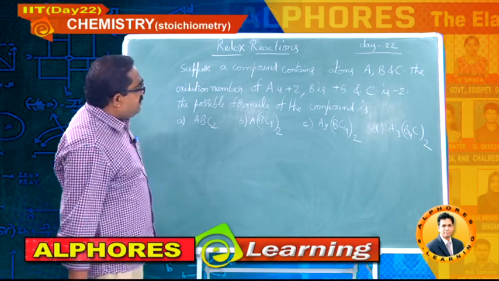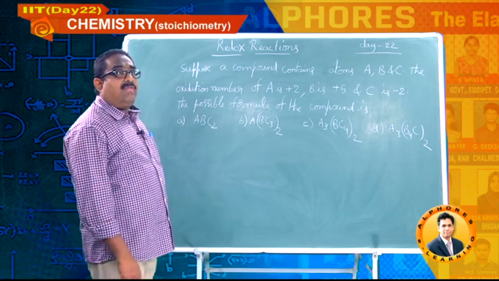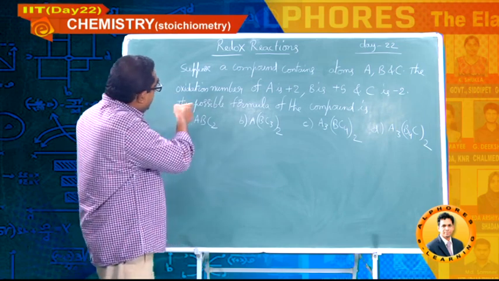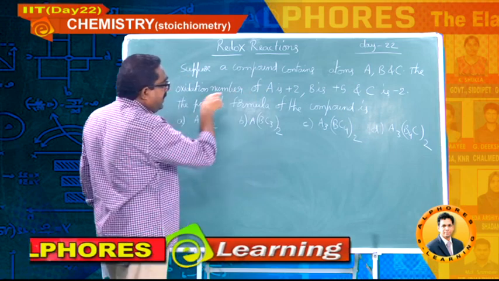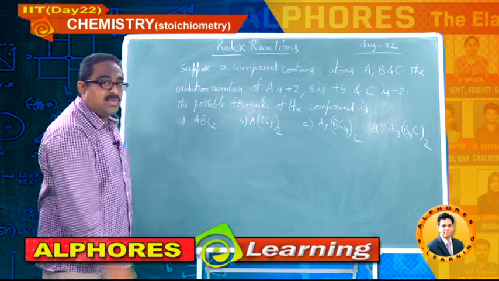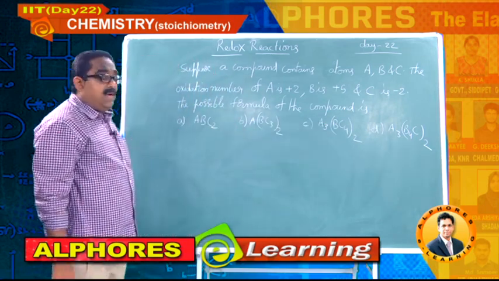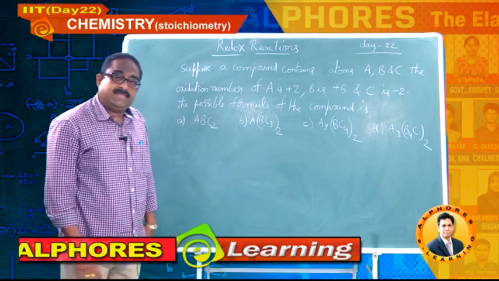What is actually given in the question? The compound is formed from the atoms A, B and C. The oxidation number of A is +2, B is +5 and C is -2. You should find the possible formula of the compound, and 4 options are given.